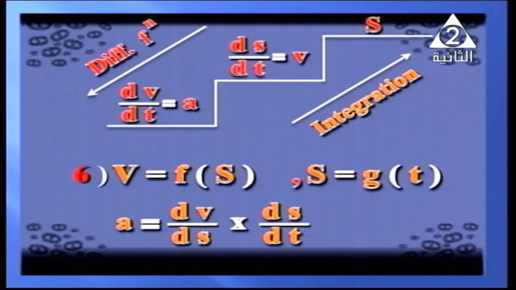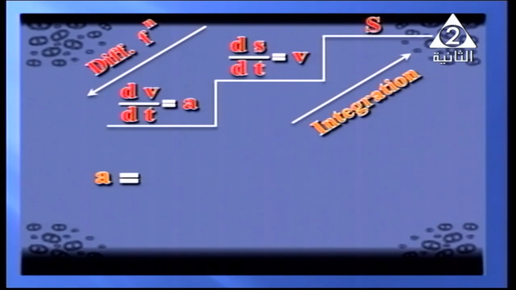Acceleration is the differentiation of velocity with respect to displacement times the differentiation of displacement with respect to time t. Then we deduce that acceleration equals v dv over ds.